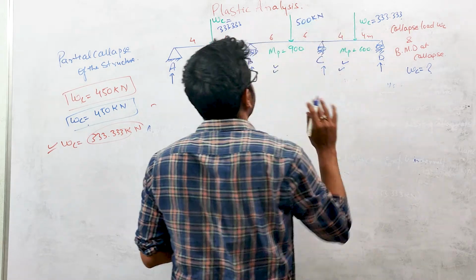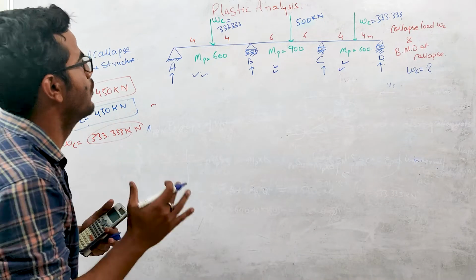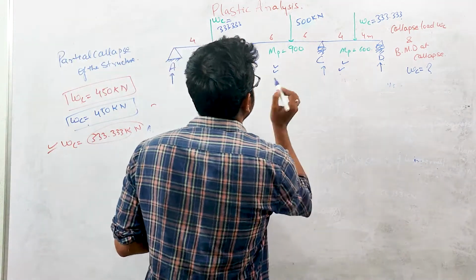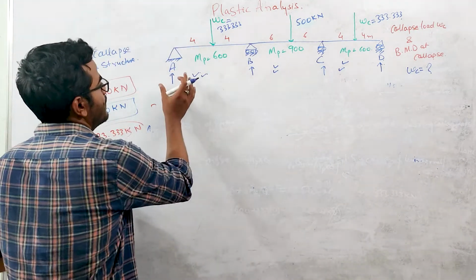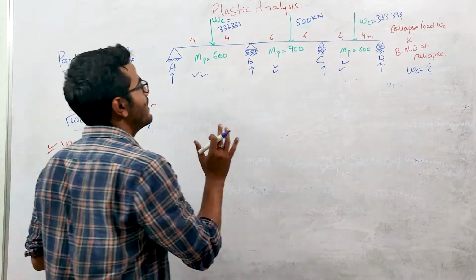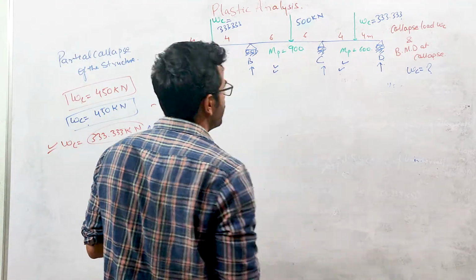So when you are applying this combination of load, there will be the collapse in this BC span. This AB span won't collapse, this AB and CD span won't collapse, but this BC span will collapse.